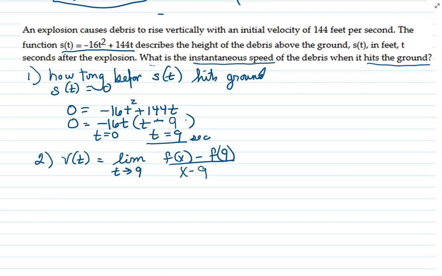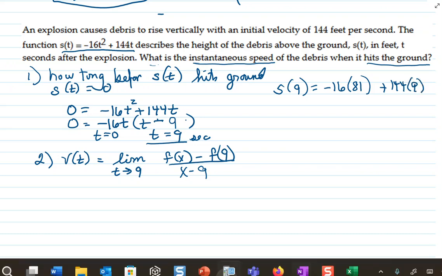All right. So we need f of 9. Actually, it's s, but we're going to do it up here. S of 9 equals negative 16 times 81 plus 144 times the 9.